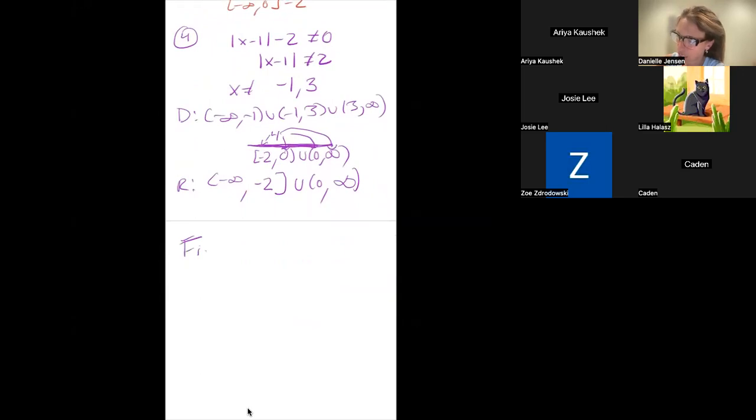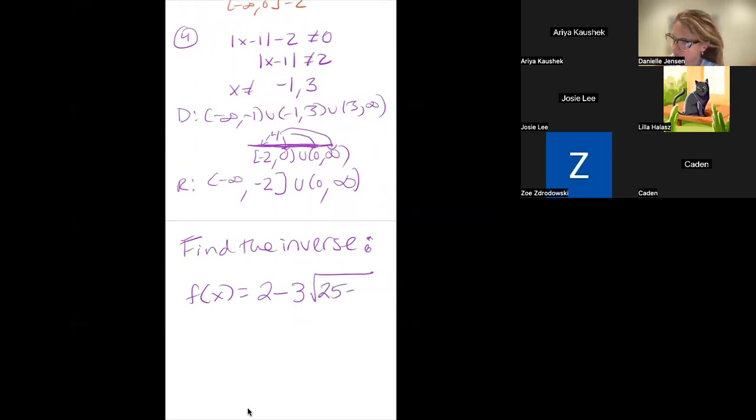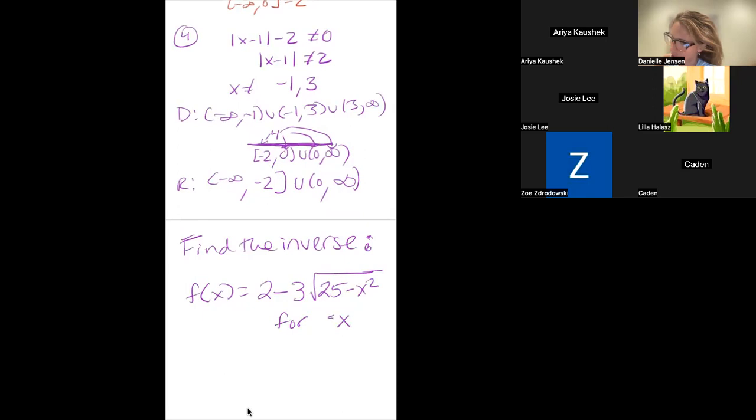So find the inverse. All right, so let's do f of x equals 2 minus 3 square root of 25 minus x squared, for x greater than or equal to negative 5, but less than 0.